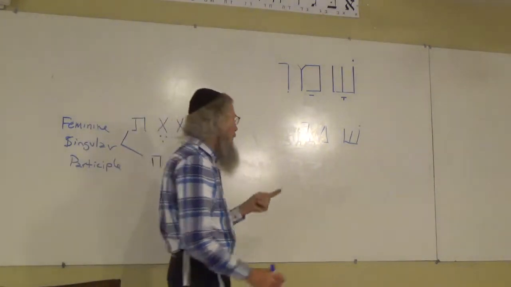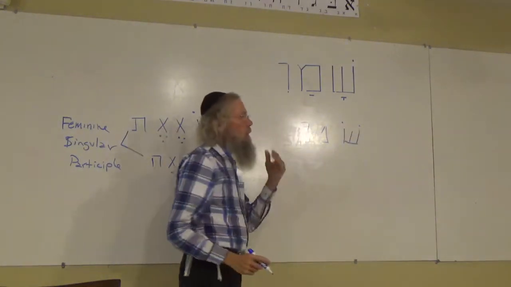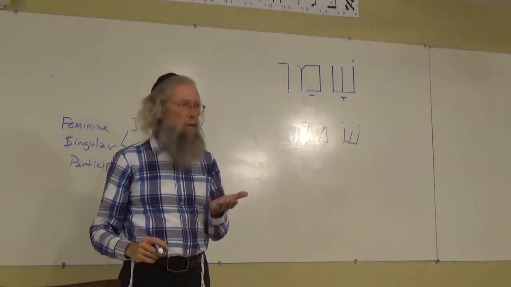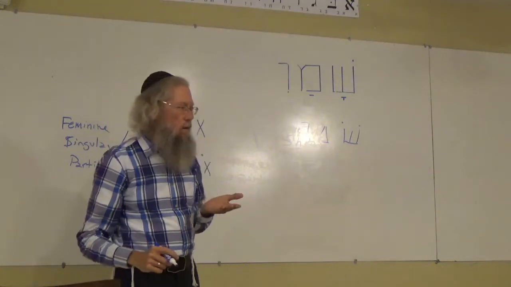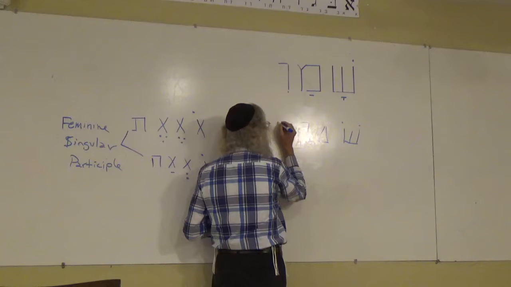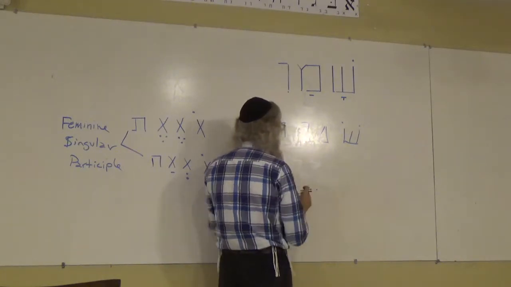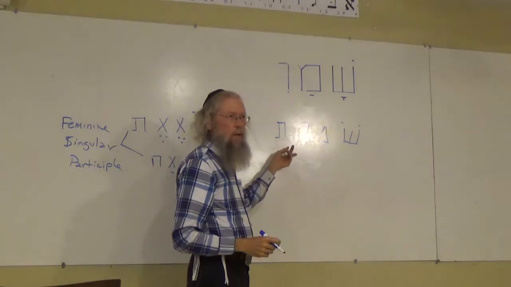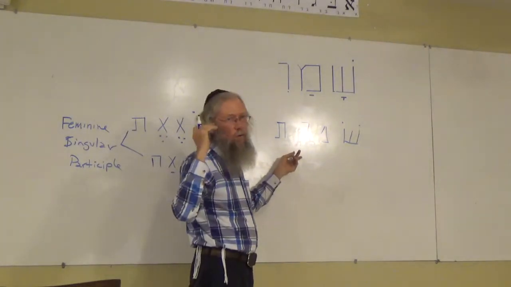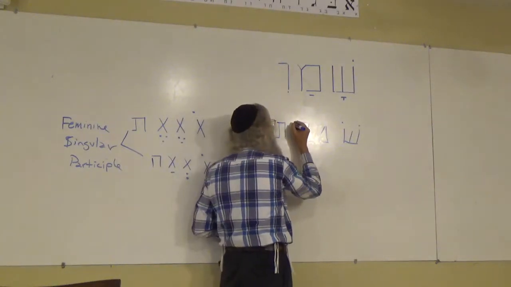The cholem. So you know that's going here. Now, because it's feminine form, how must it end? With the tav. And what is the last syllable? So what else do you have to have? The vav. Which vav?